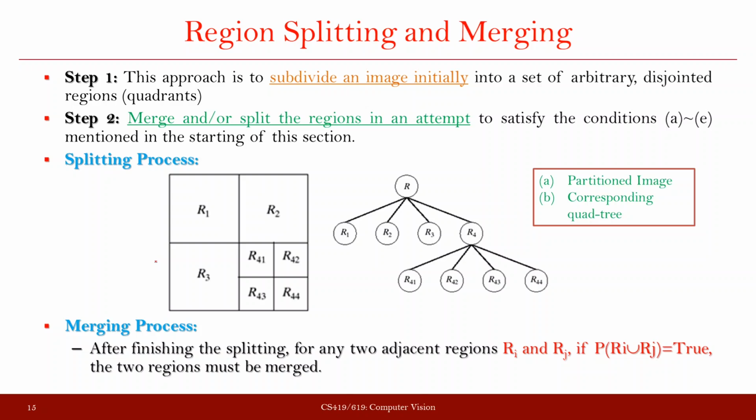We consider the complete image as one region, and we analyze the complete region, and if we find that all the pixels of the image are not sharing the same characteristic, then we divide the image into segments. We keep dividing the image into regions until we get a region where all the properties are the same.